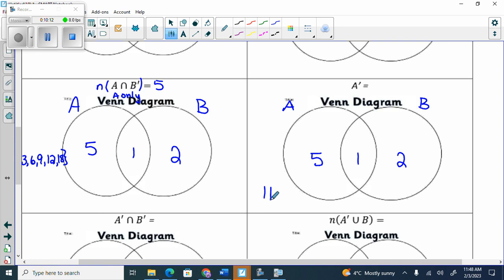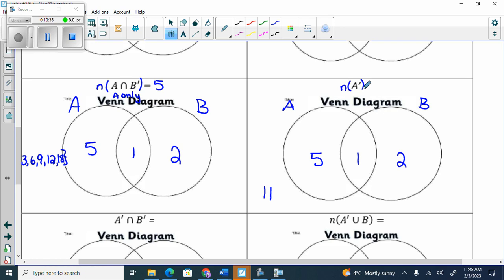So if we go back to saying n of not A, how many are not in A? So how do I do that? I cover up A, which is the 5 and the 1, and how many are not in A? 13. The 11 and the 2, right?